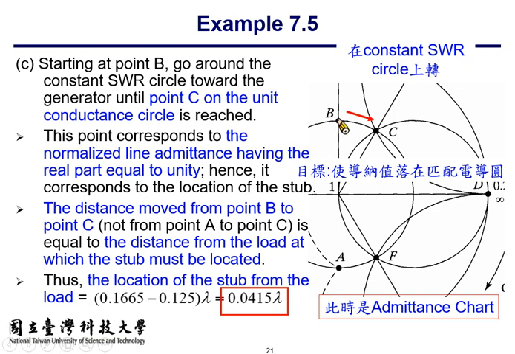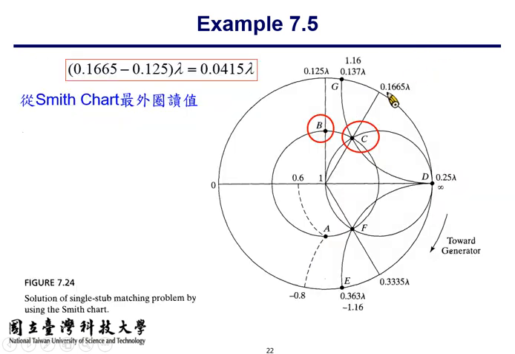And on point B, the marker reads 0.125. So the difference is 0.0415 lambda. So this is the distance required to move from the termination to the unit conductance circle.